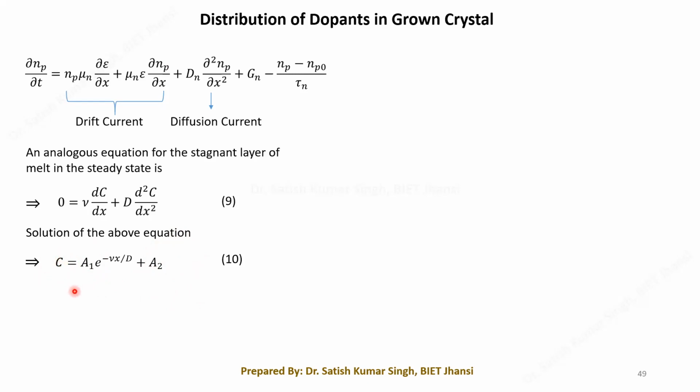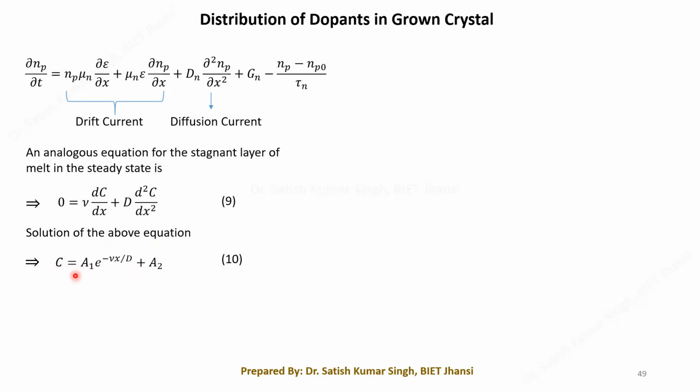Now we have to follow certain boundary conditions, and after applying them, we can get the values of a1 and a2. The first boundary condition that we can apply here is when x equals 0, meaning at the top of the layer. Then c will be equal to cl0, as we have already seen. So putting x equals 0, c becomes cl0.